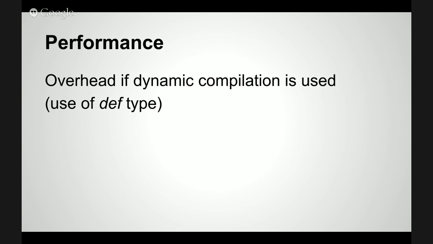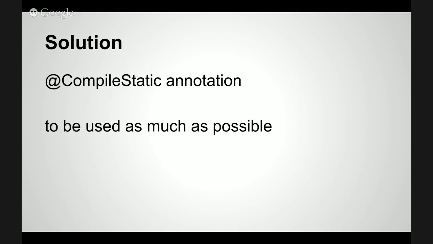Okay, move on to the next slide. So the solution towards performance when writing Groovy in Android is to use the CompileStatic annotation for your classes, and of course it is to be used as much as possible, just so that you won't encounter performance overheads.